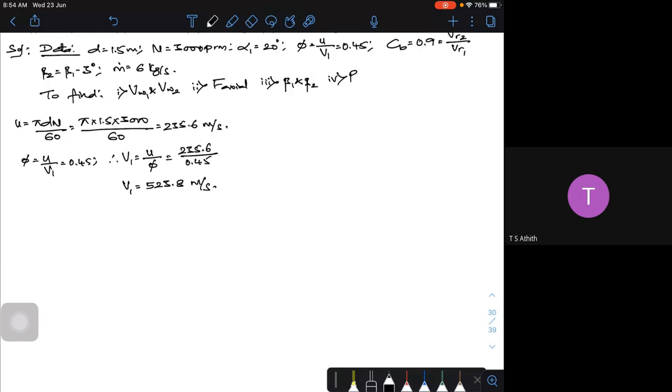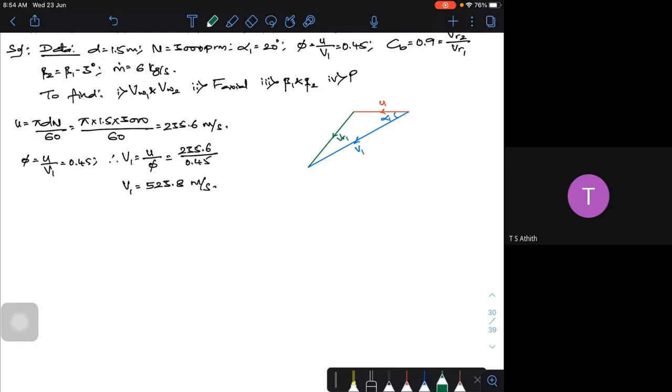Okay, now let us draw the velocity triangle. This is a combined velocity triangle. So let's have the U first. This is my U. Then I'll be drawing my V1. This is my V1 at an angle of alpha 1. Then you have to close it with your VR1. Okay, this is my VR1.